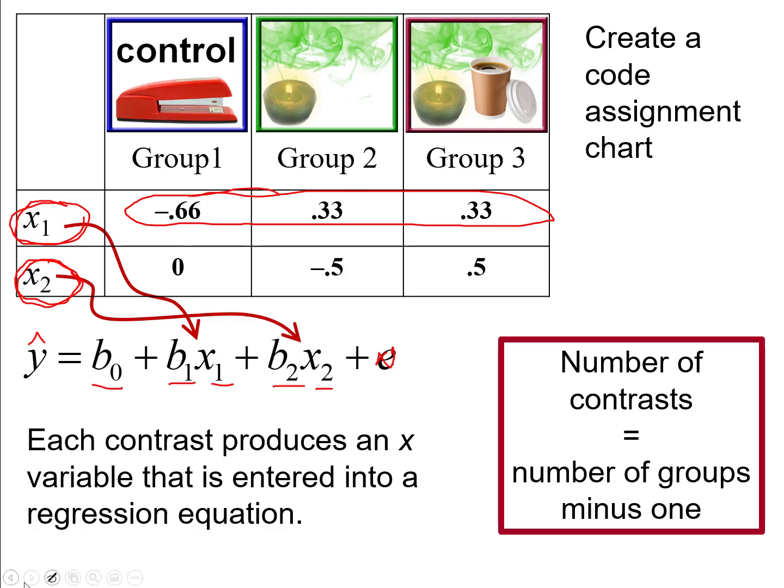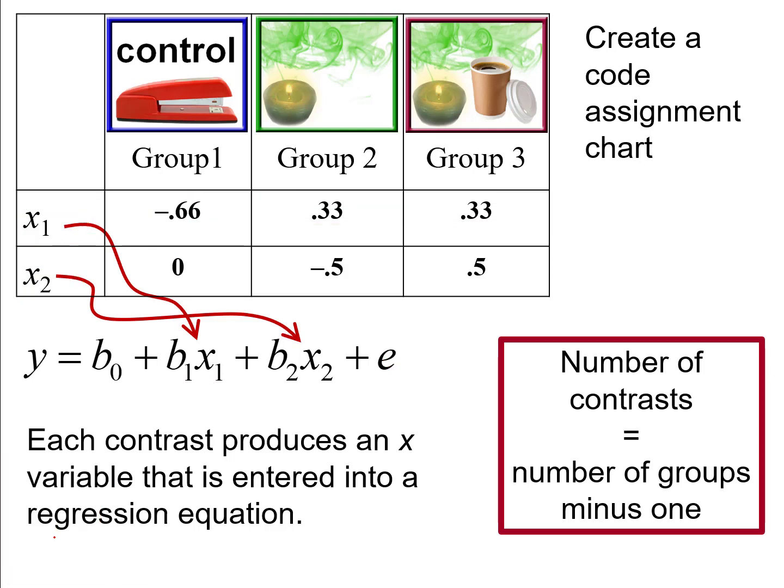And then at this point, once I've assigned those values, everyone in my sample now has scores on three variables. Everyone has a score for their level of happiness, how happy they were at the end of the treatment. Everyone in the sample has a score for x1. Everyone has a score for x2. And then I use scores on x1 and x2 to predict y in a regression equation.